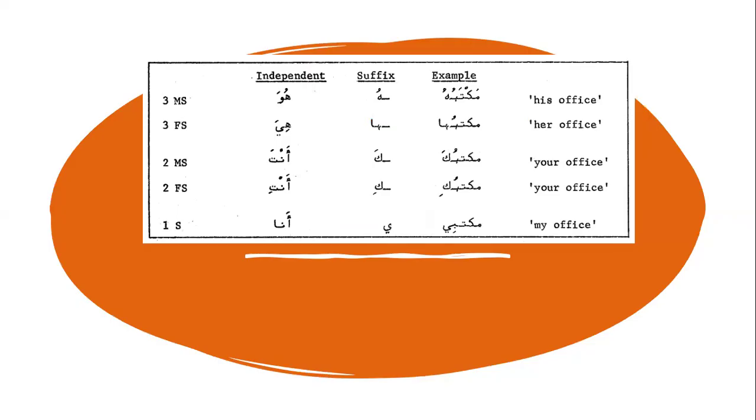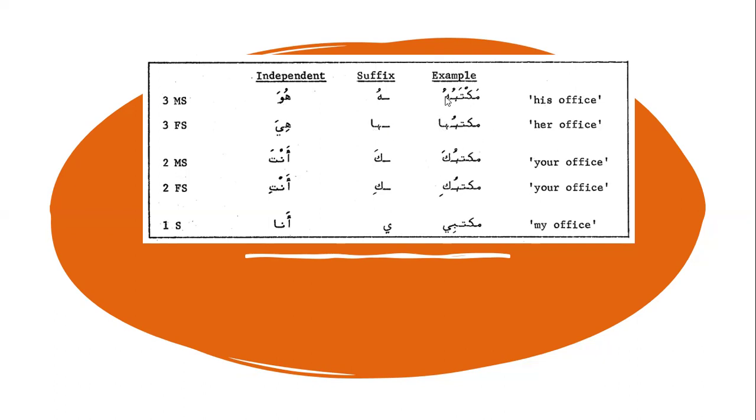So over here you see the pronouns. Huwa is the independent pronoun and its suffix, which is the short form, is hu, as in maktabuhu. And hiya has a short form, the suffix, which is joined to a noun, is ha, which becomes maktabuha.